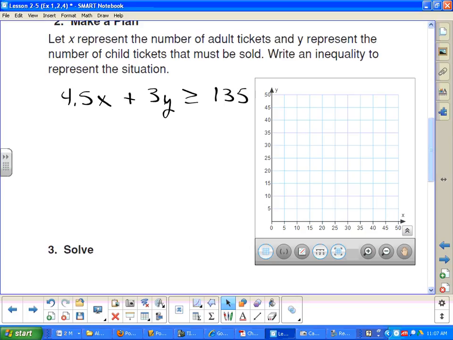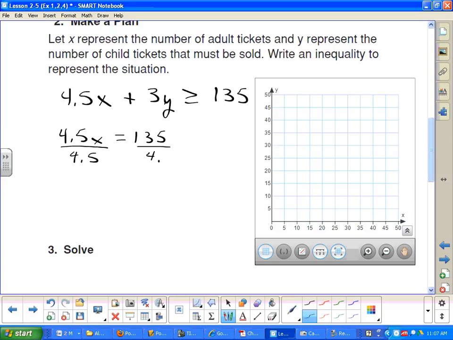So to find the x-intercept, we'll let y equal 0. So we get 4.5x equals 135. So when we divide by 4.5, we get what? 30? Okay.